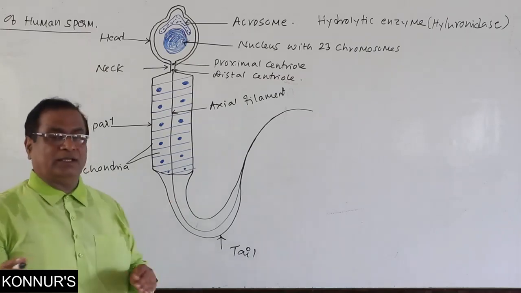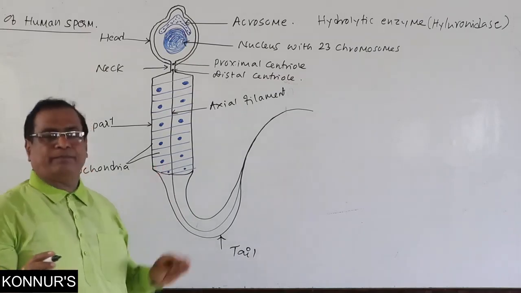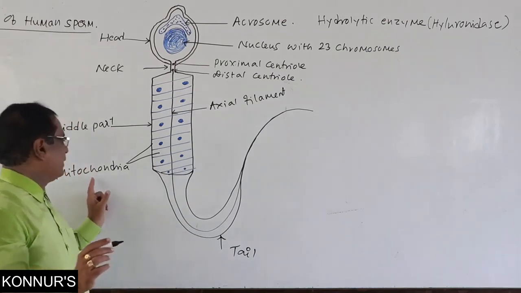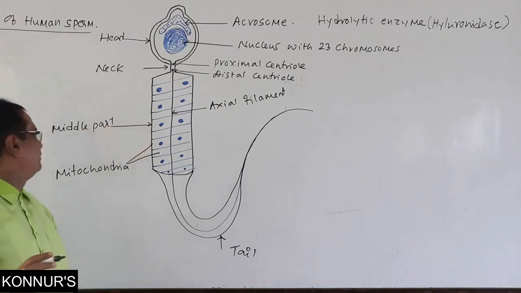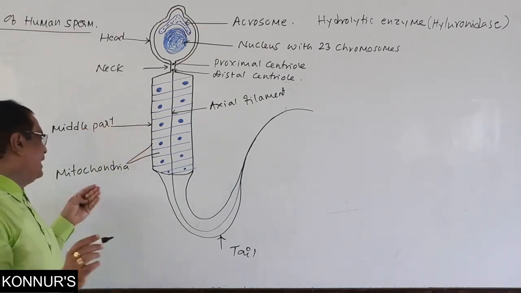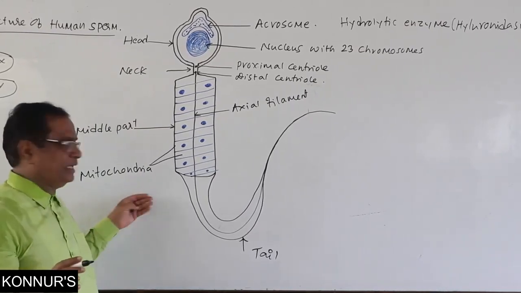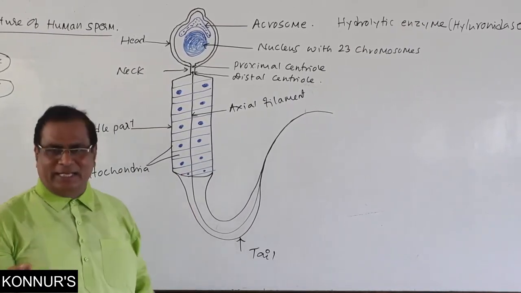That helps the movement of the sperm in semen. These mitochondria, which are packed in that middle part, release the energy that is used by the tail.